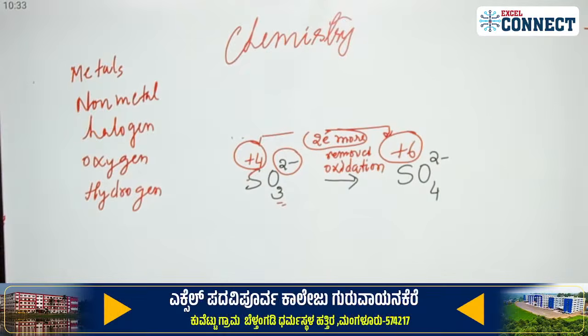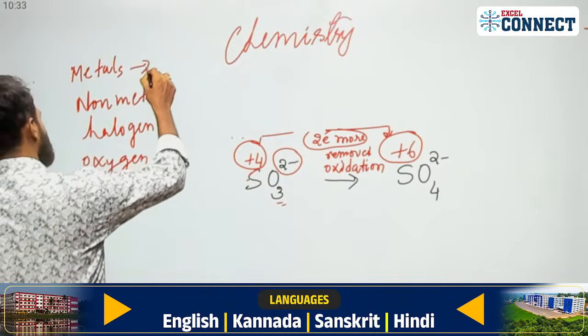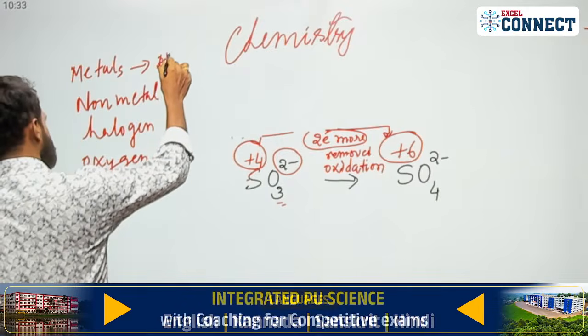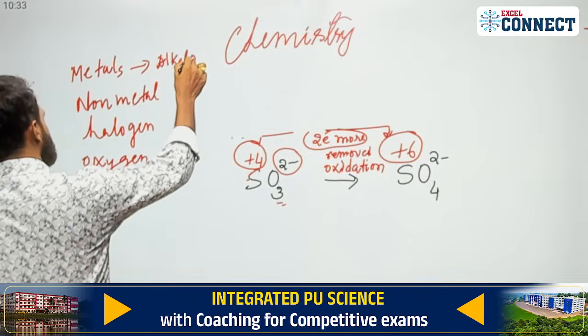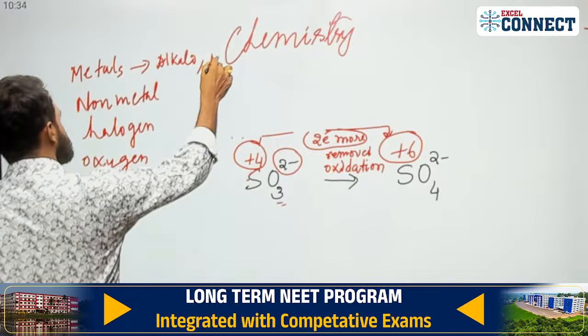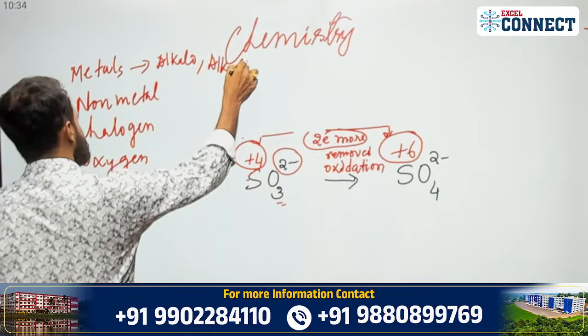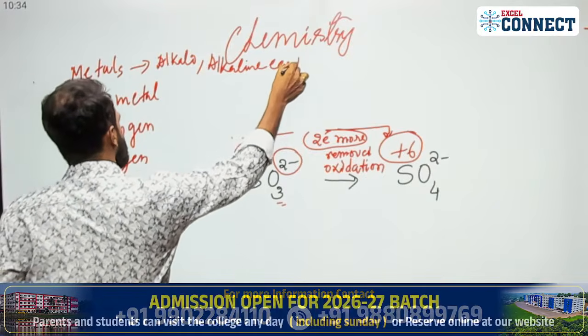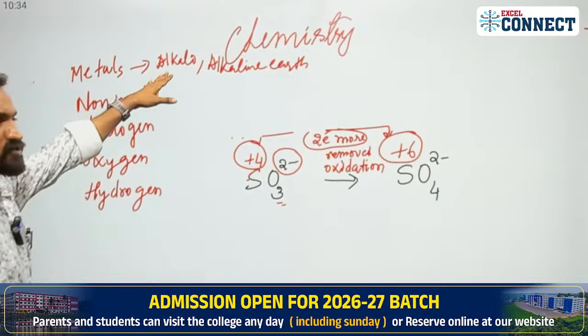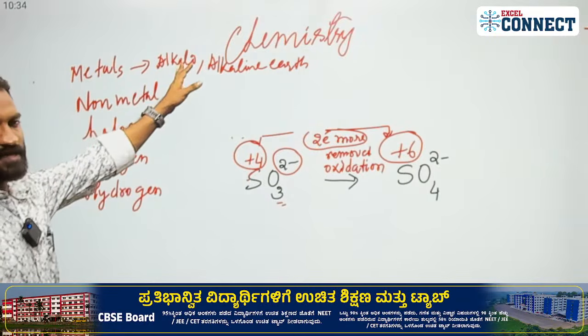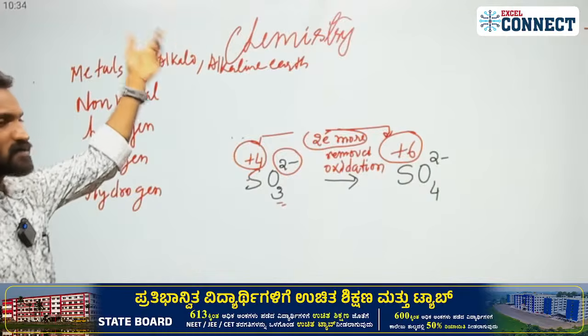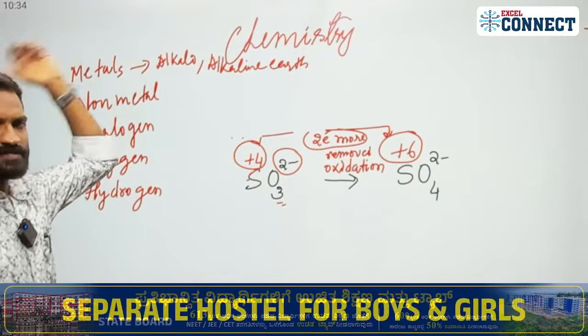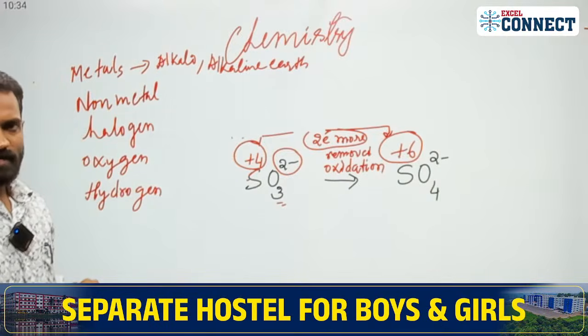You may ask, which are metals? Metals are nothing but the alkali and alkaline earth metals. These are lithium, sodium, potassium, beryllium, magnesium, calcium. These all come under metals. Understood?